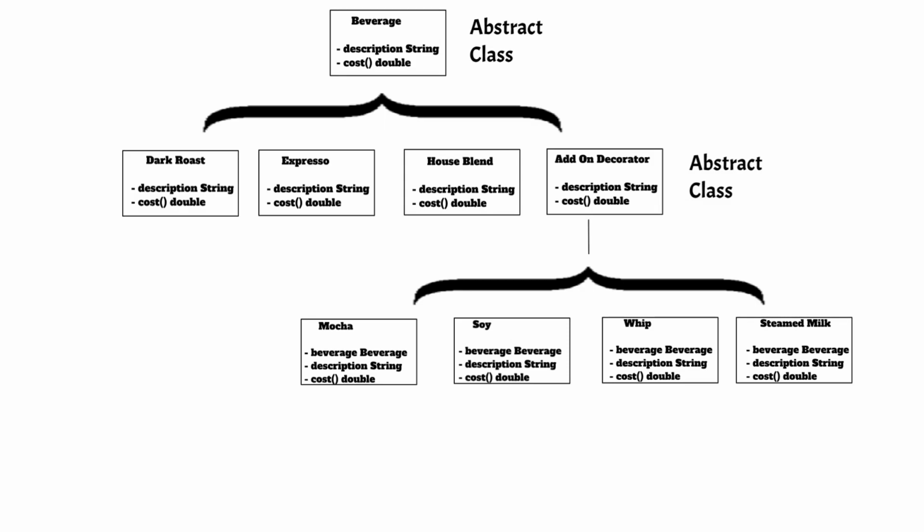And apart from that, all of these four have an additional property, which is the beverage abstract class itself. So we will see in the implementation how this property is used, but basically the add-ons will hold a reference of the beverage on which they are getting decorated. So now let's see the implementations.